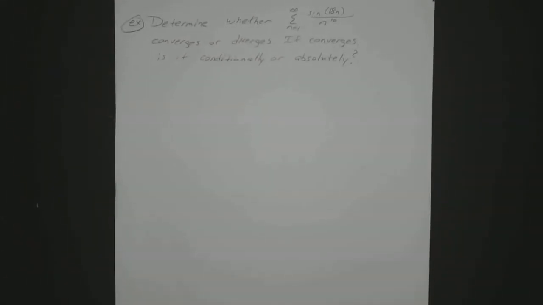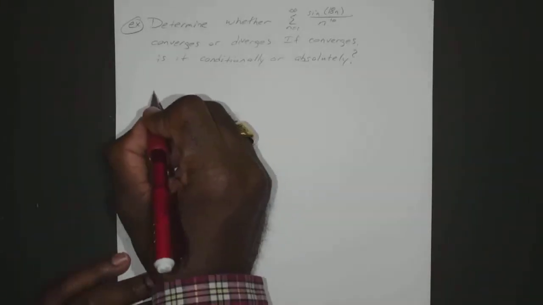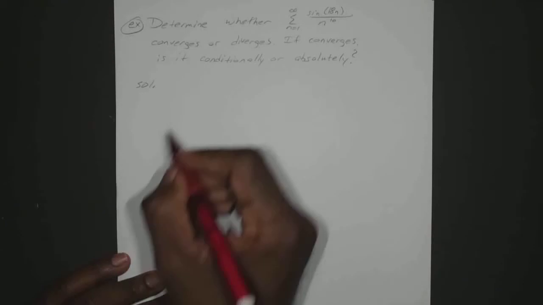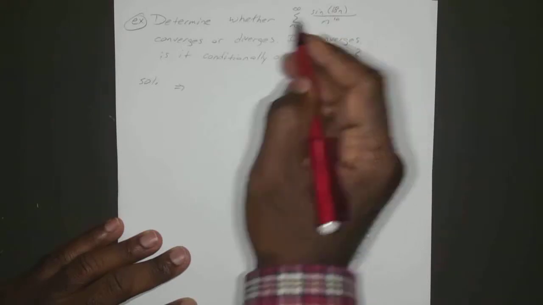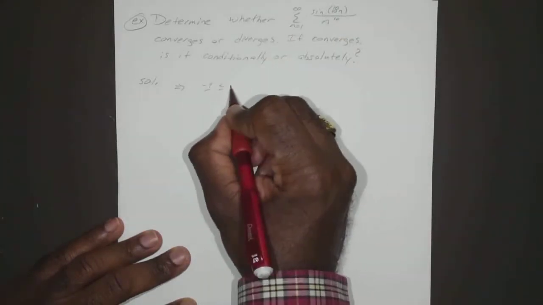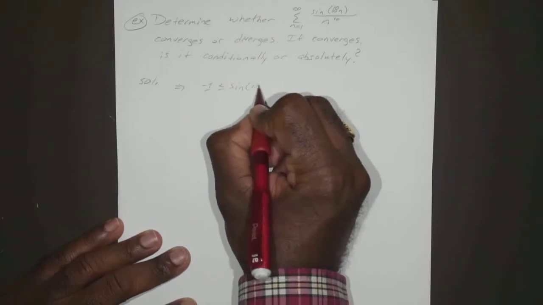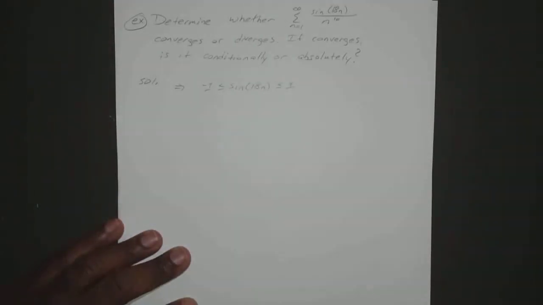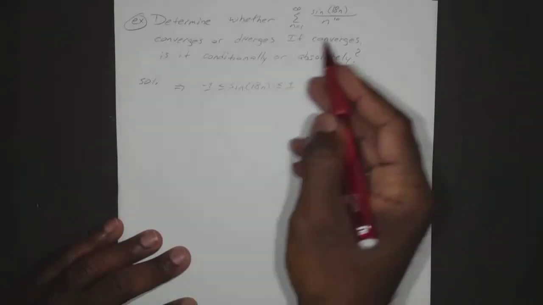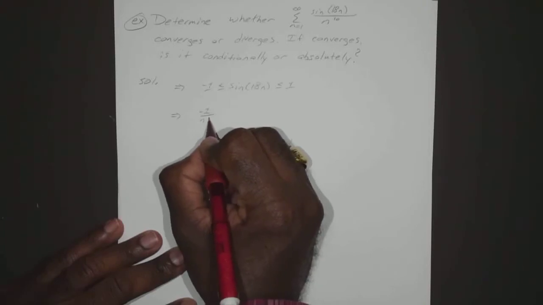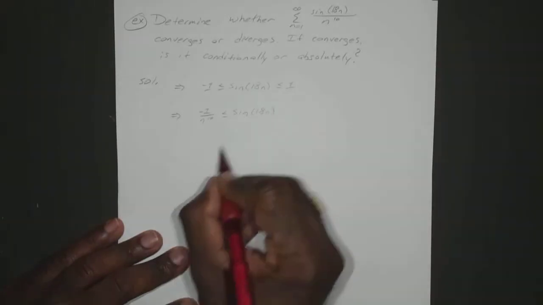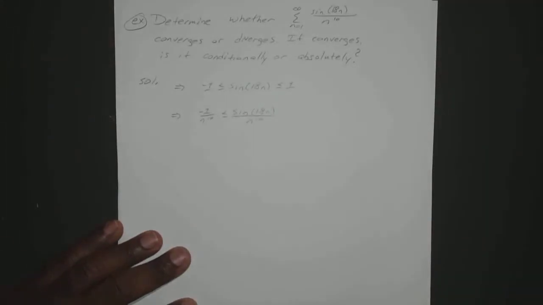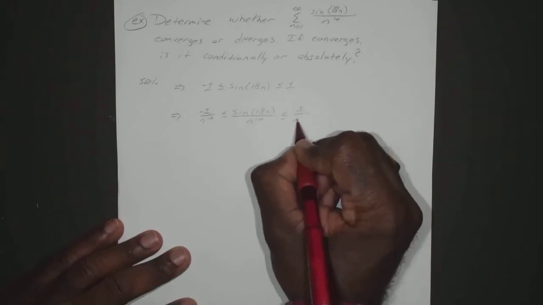Okay, so whenever you have one of these with sine or cosine, you always want to start with that between -1 and 1. So we know that sine of 18n is between -1 and 1. If we divide all three terms by n to the 10th power, we have -1 over n to the 10th power less than or equal to sine of 18n over n to the 10th power, less than or equal to 1 over n to the 10th power.